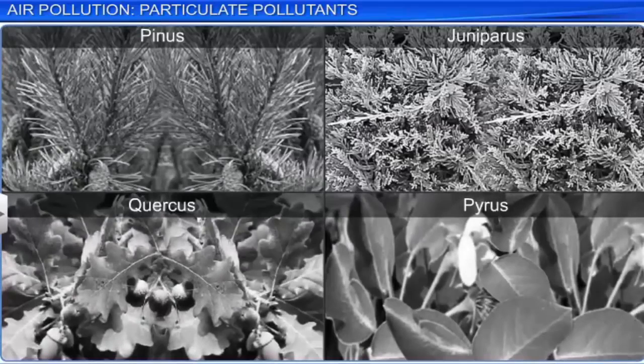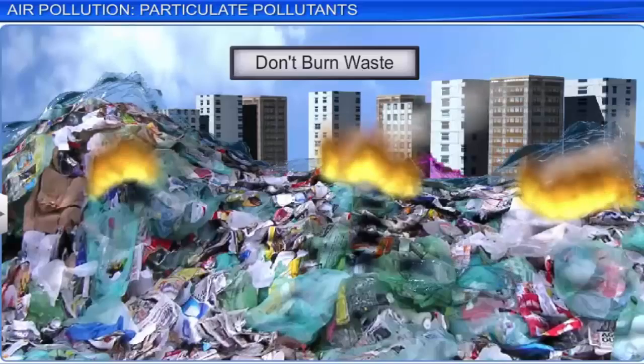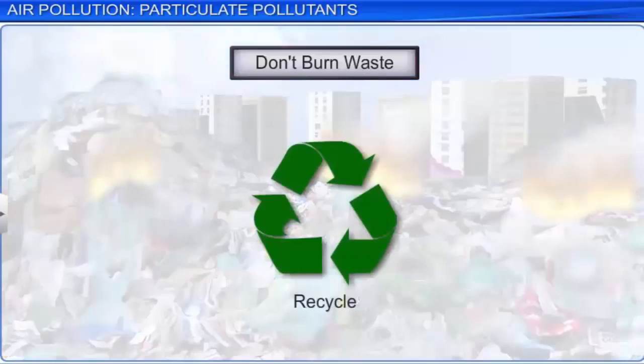Also, certain plants such as pinus, juniperus, quercus and pyrus can metabolize nitrogen dioxide and thereby help to reduce photochemical smog. We can also cut down a lot of pollutants by recycling waste material.